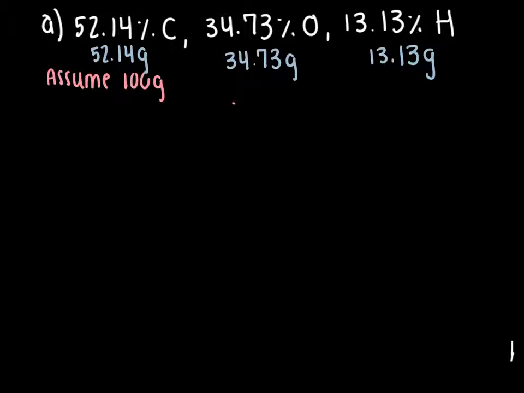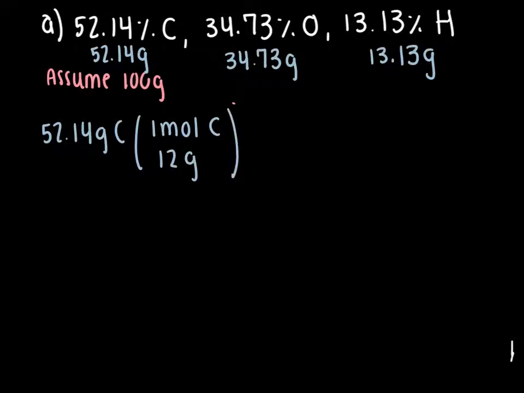Now, in order to compare quantities of different elements to each other, we must first convert to moles. So we're going to convert the mass of each element to moles by dividing by the molar mass from the periodic table. So for carbon, we're going to divide by 12 grams per mole. And for oxygen, we'll divide by 16 grams per mole.